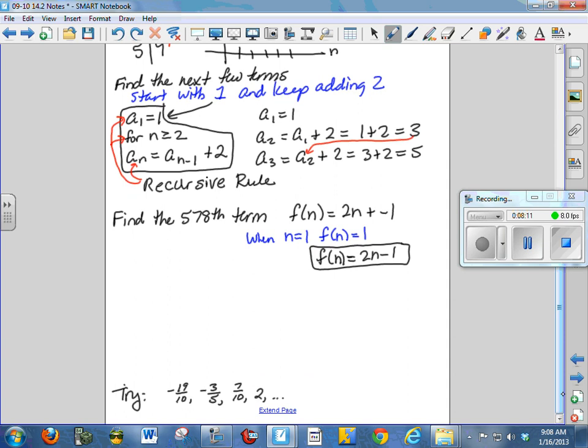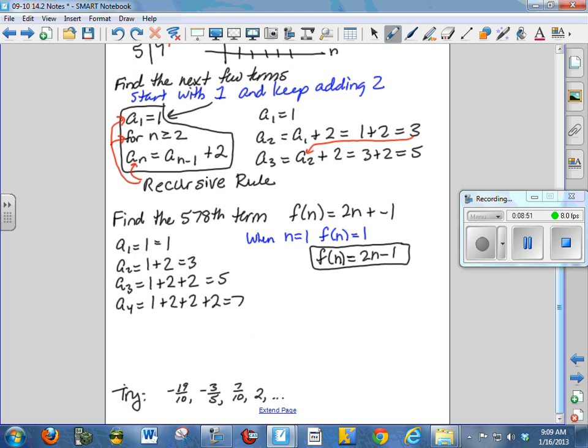So that's one way to write the function rule. Another way to write the function rule, and this is known as the explicit rule, and I'll write that down in just a minute, is to look at the pattern. We see that a sub 1 is equal to 1, a sub 2 is equal to 1 plus 2, a sub 3 is equal to 1 plus 2 plus another 2, a sub 4 is equal to 1 plus 2 plus 2 plus 2 again, 7, 5, 3, 1.